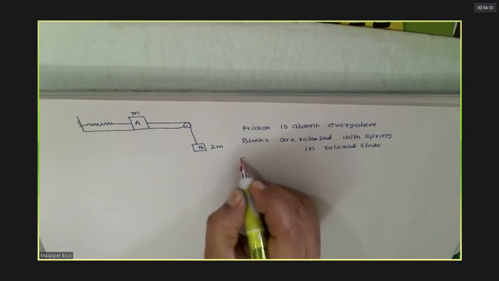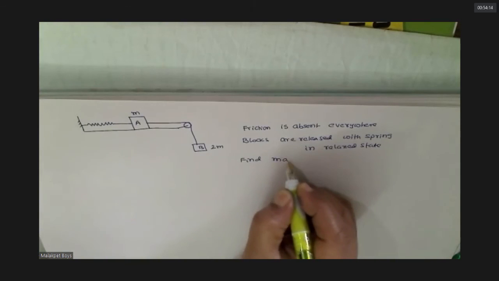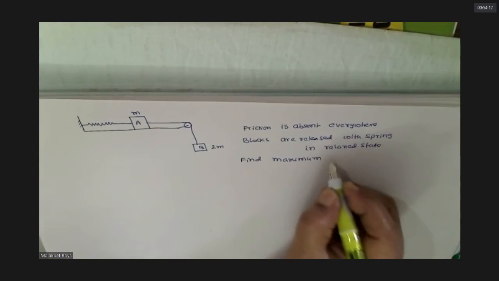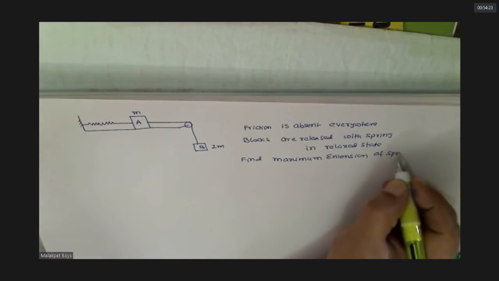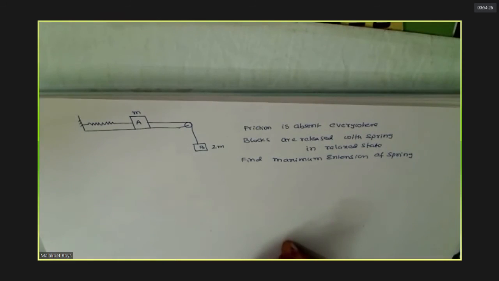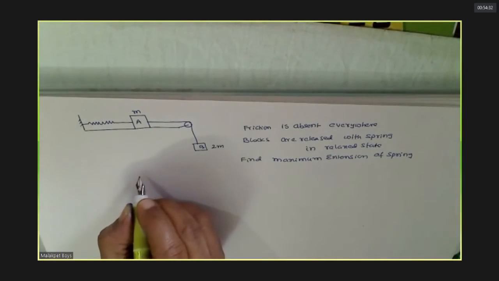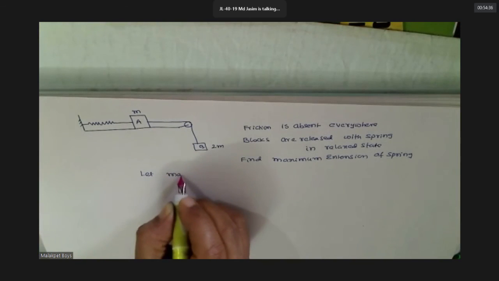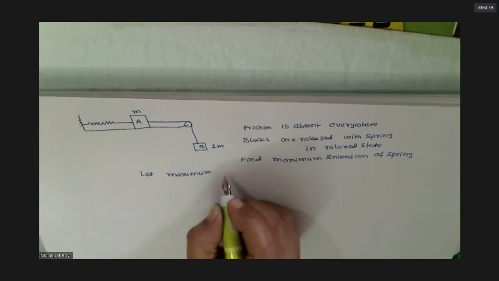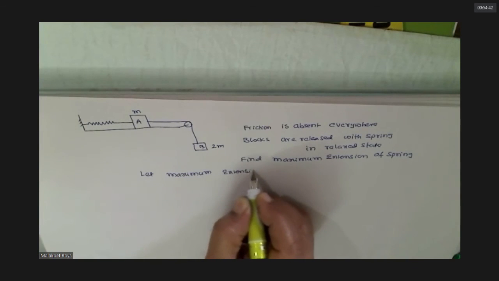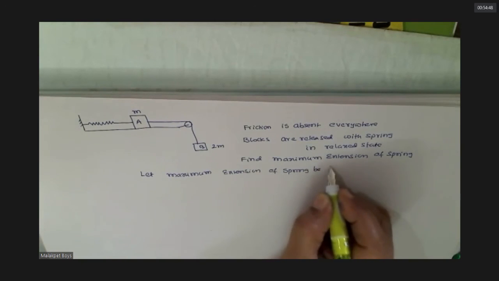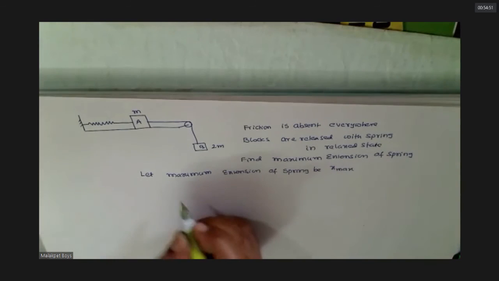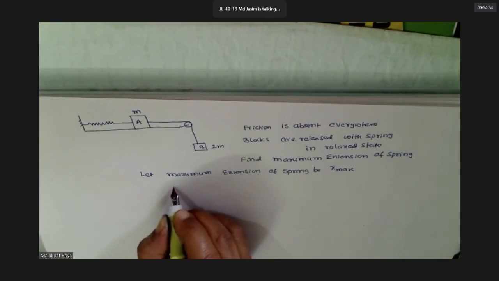Okay. Yes, sir. Again the same story. At maximum extension, what happened? Velocity equal to 0. Delta K equal to 0.